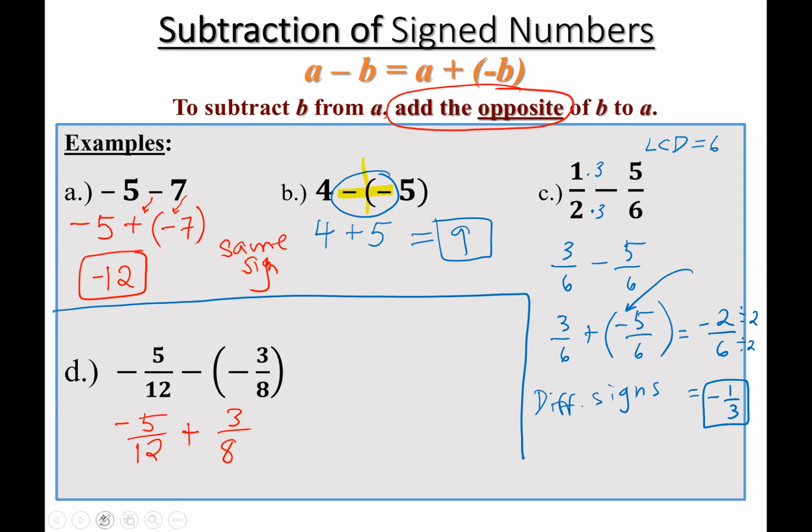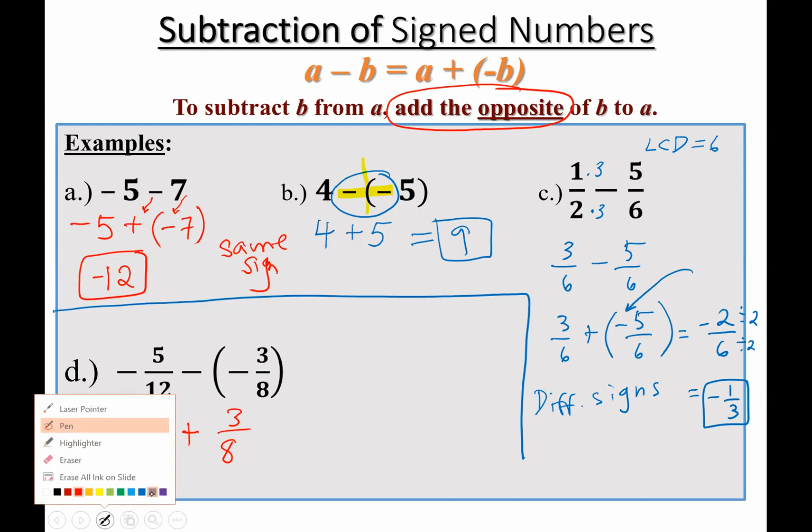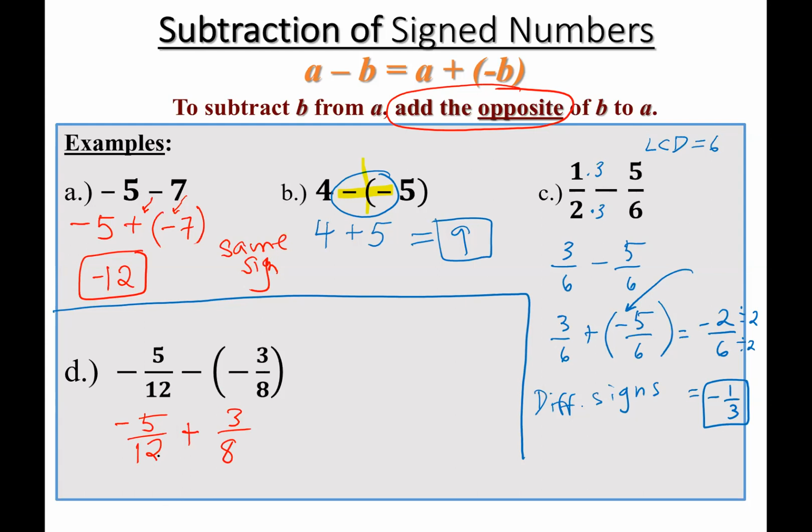All right, so I like to think about common denominators in terms of multiples. So I'm thinking about what number is a multiple of 12 that's also a multiple of 8. So if 12 could work, that would be great, but it doesn't. 12 is not a multiple of 8. I'm going to make a short list here of multiples of 12. 12 is the first one. 12 times 2 would be 24.